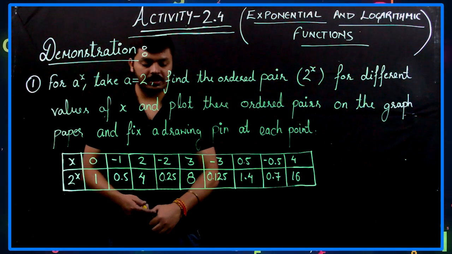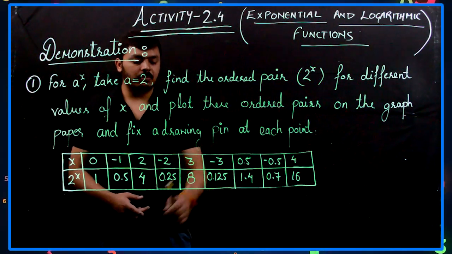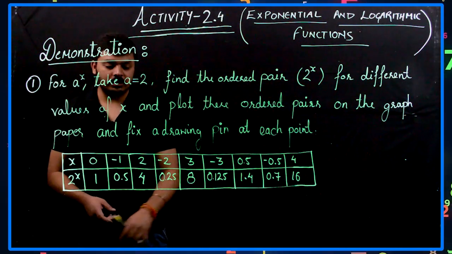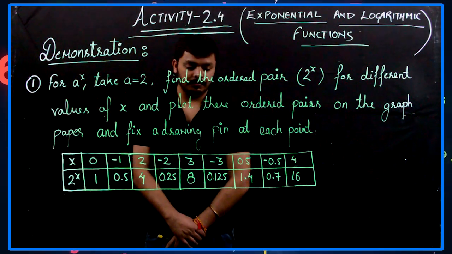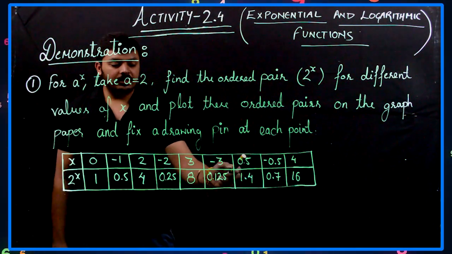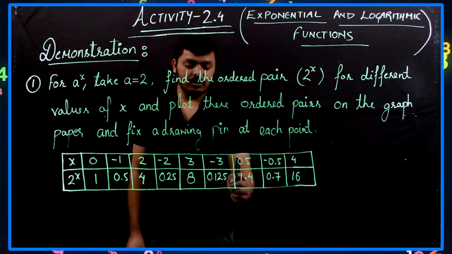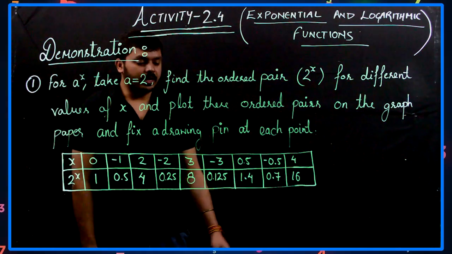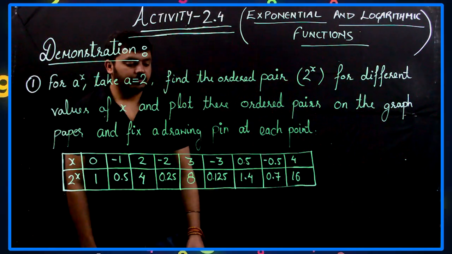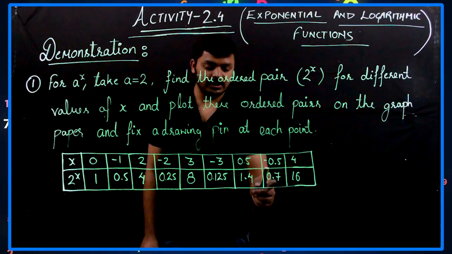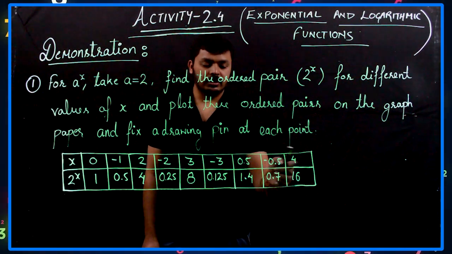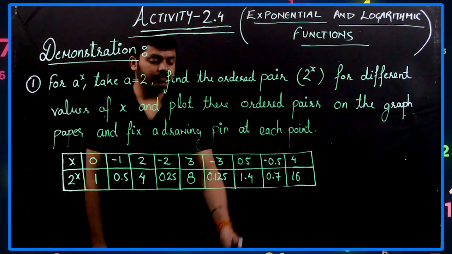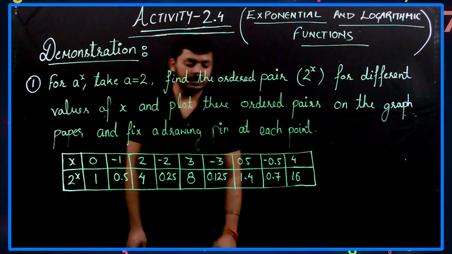When x is minus 3, the value becomes 0.125. When x is 0.5, the value is 1.4. When x is minus 0.5, the value is 0.7, and when x is 4, we get 16.